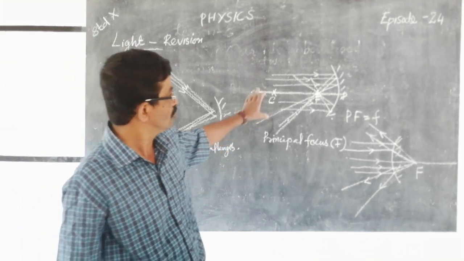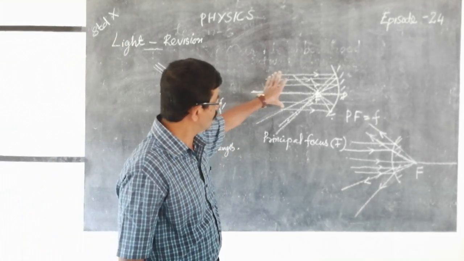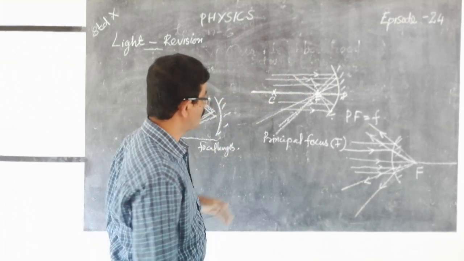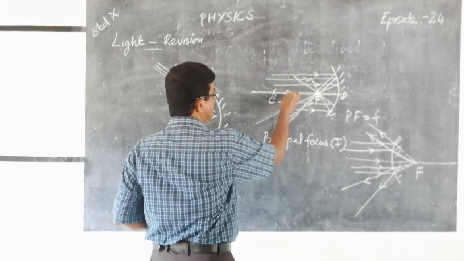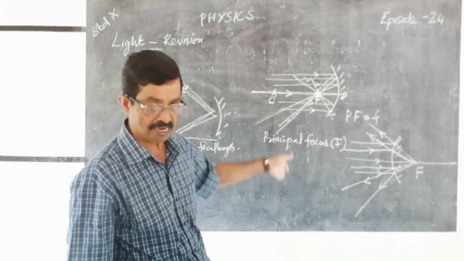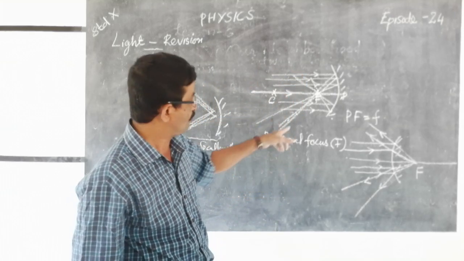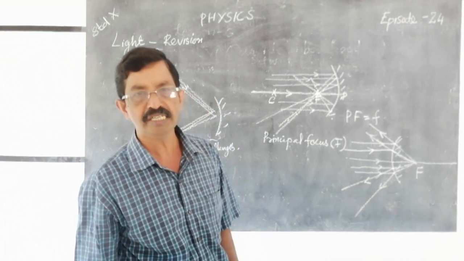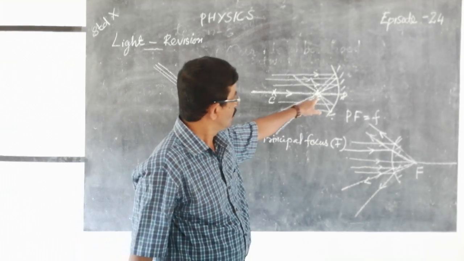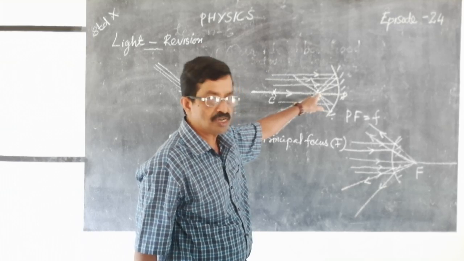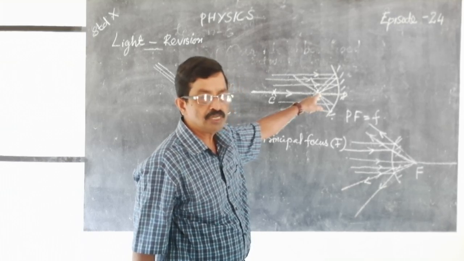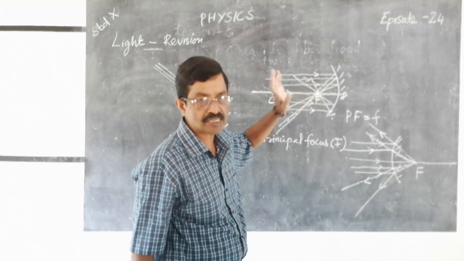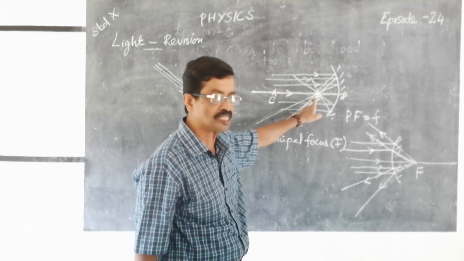Once again, you should remember how to draw this. This is the principal axis. These are the rays parallel to the principal axis. After reflection, what happens to these rays? These rays meet at a point, or appear to pass through a point, on the principal axis, and that point is the principal focus.